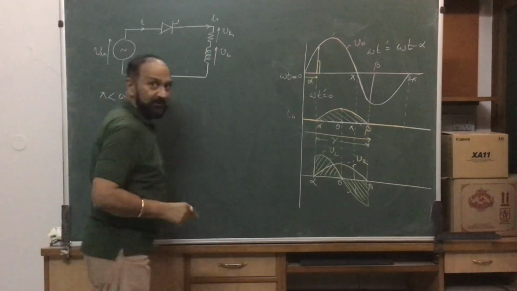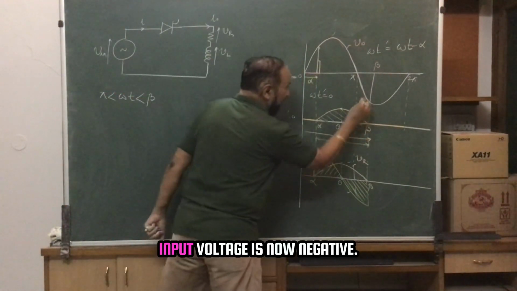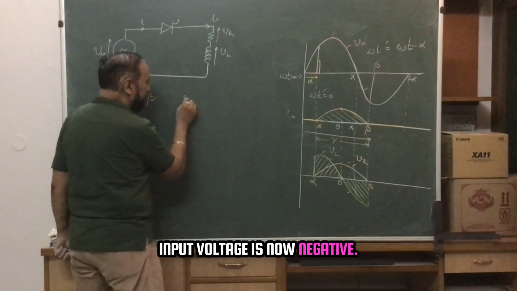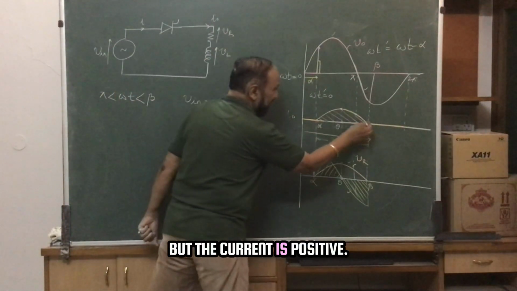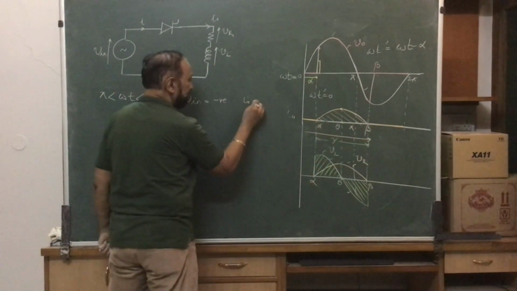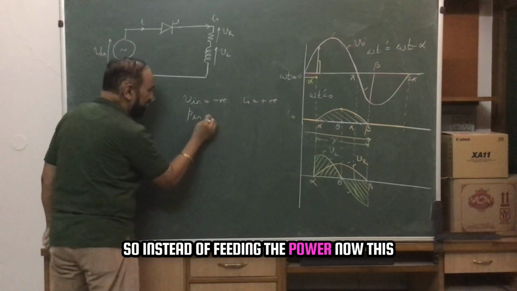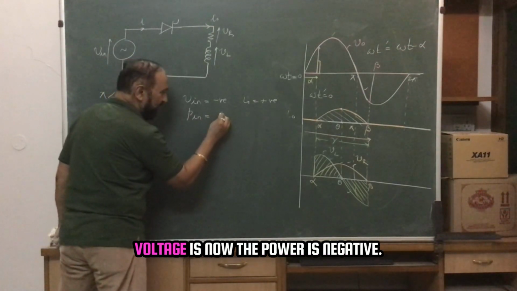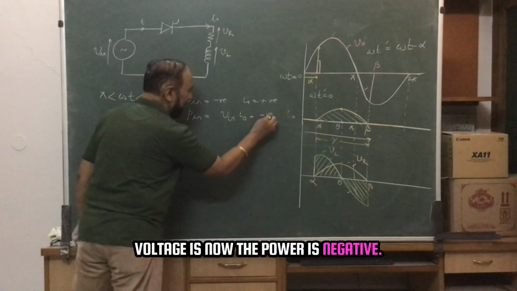From pi to beta, input voltage is now negative, but the current is positive. So instead of feeding the power, now the power is negative.